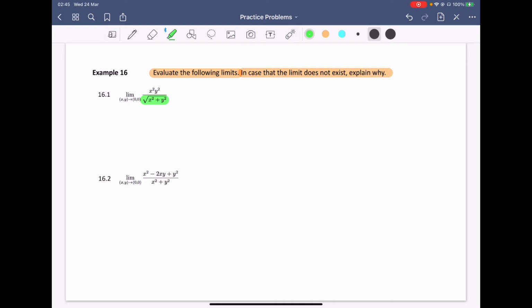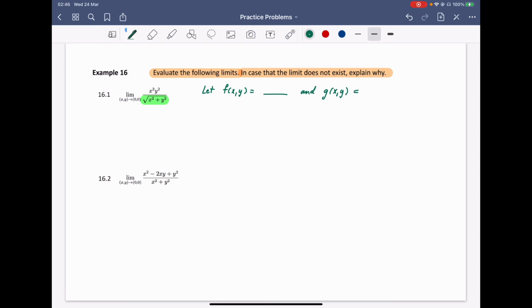So we're going to use what I call the two-dimensional squeezing theorem. What we are going to do is let f(x,y) be some ratio here, and g(x,y) be something else.